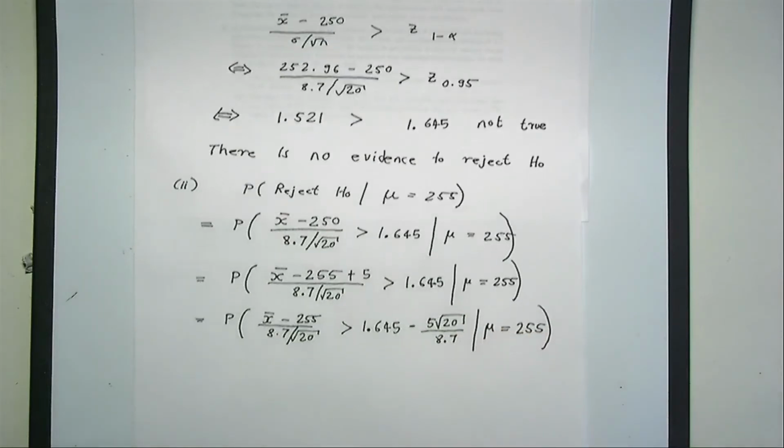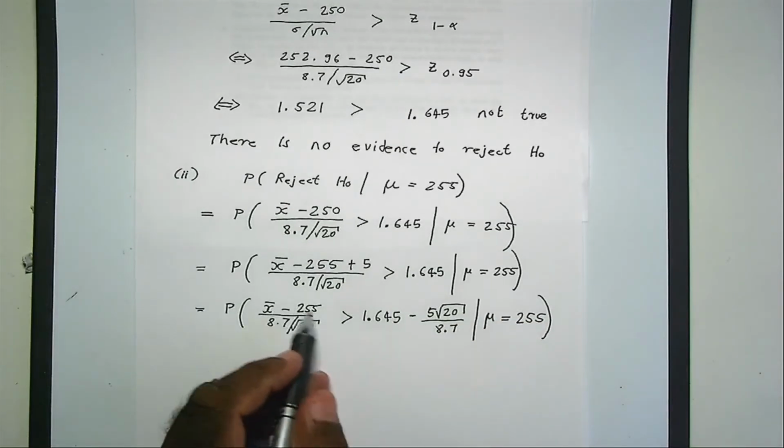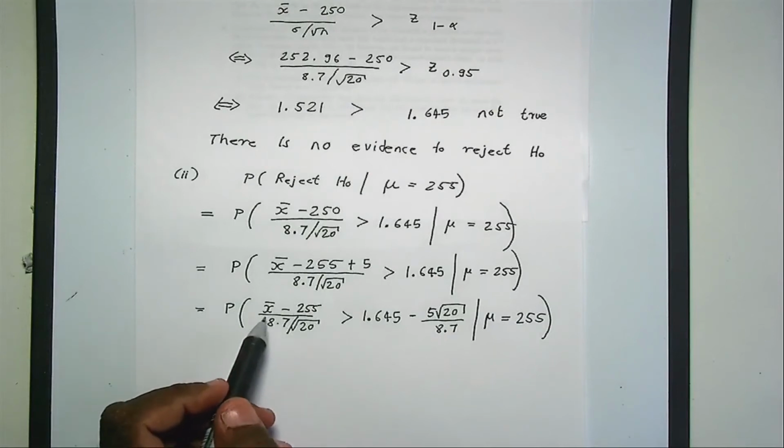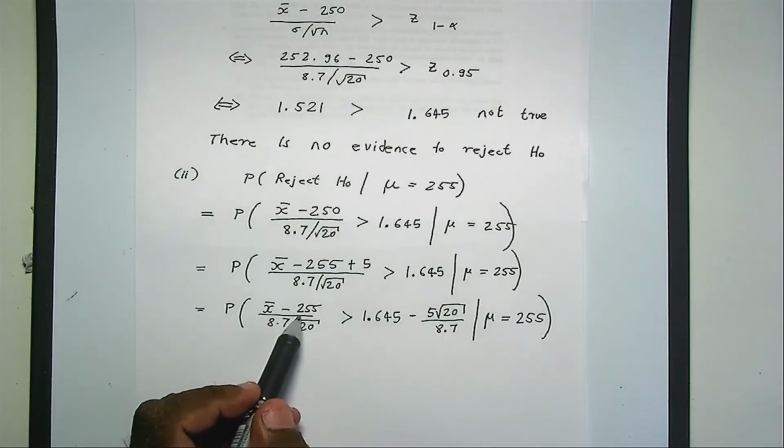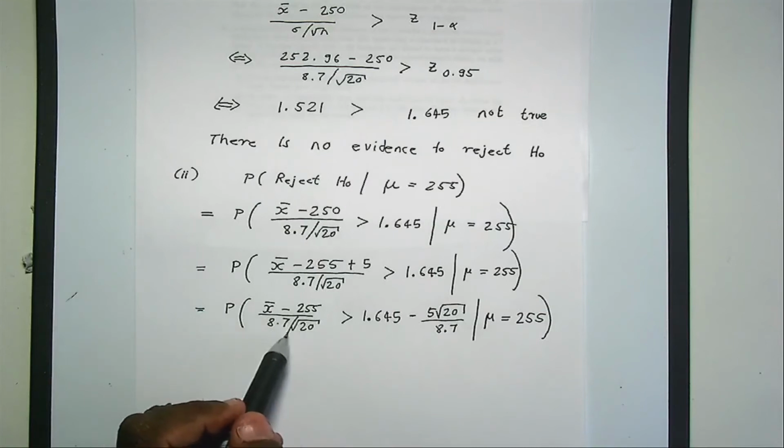Now, this term here is x bar minus the true population mean divided by sigma divided by square root of n.